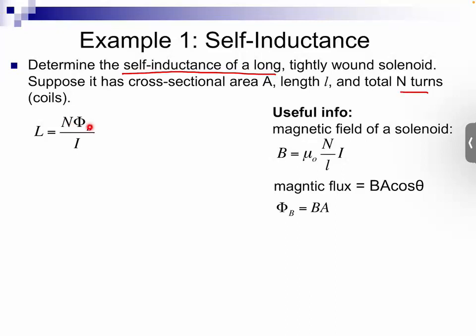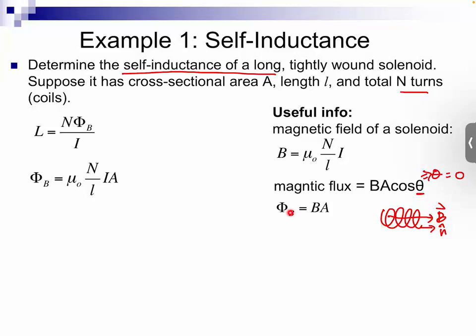It depends on how many field lines are crossing that coil, which is defined as BA cosine theta in this case, right? We're talking about the angle, if you have a solenoid like this, and the magnetic field here, of course, the normal vector is parallel to the magnetic field, and hence cosine theta is equal to 1 because theta is equal to 0.